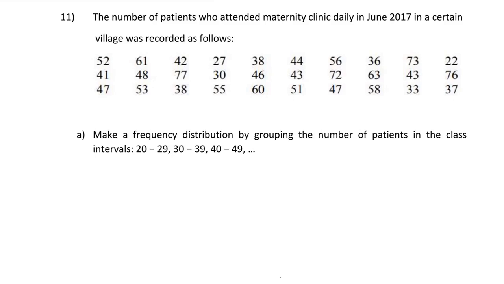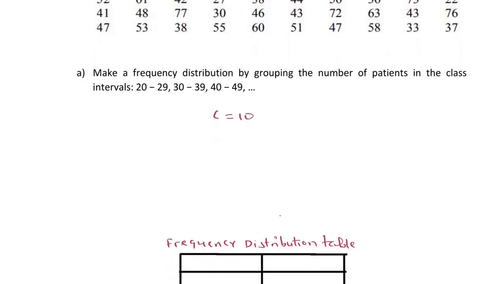Okay, so to prepare the table, we first find the class size using the grouping given. Then from the observation, we can see the trend. The class size is 10. Okay, so to get other intervals, we are going to take 10 plus the class limits of the previous group up to when the maximum data is covered. So we are going to sketch our table.